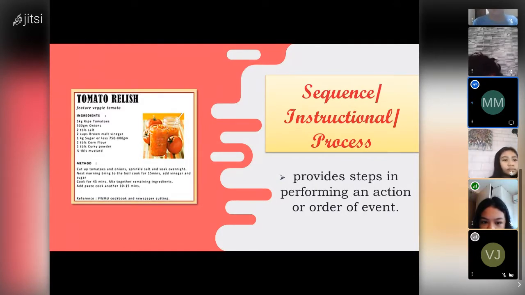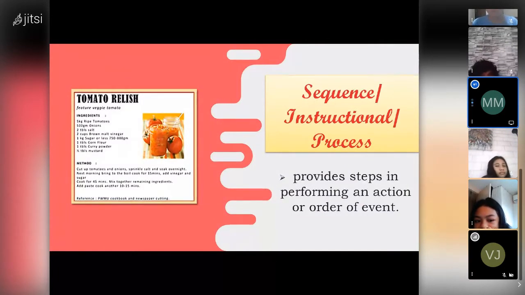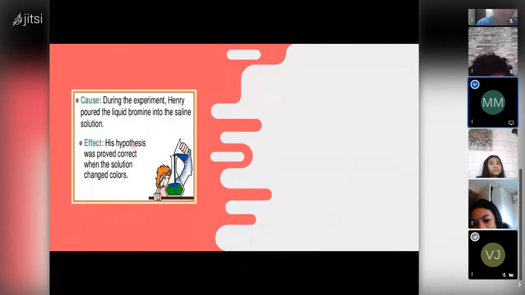Okay, so this is an example of sequence, instructional or process text. Do you understand, grade 6? Yes. Okay. Next is, yes, Ino, question? No. Okay. So next is this one.